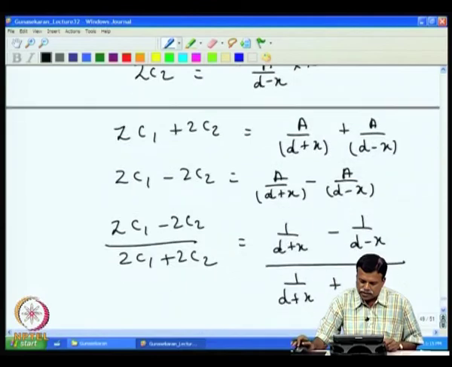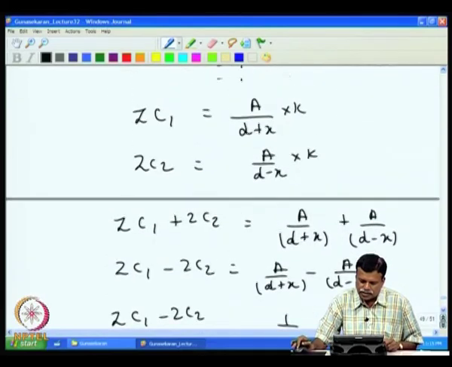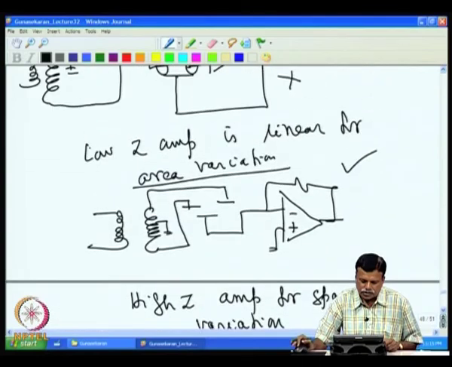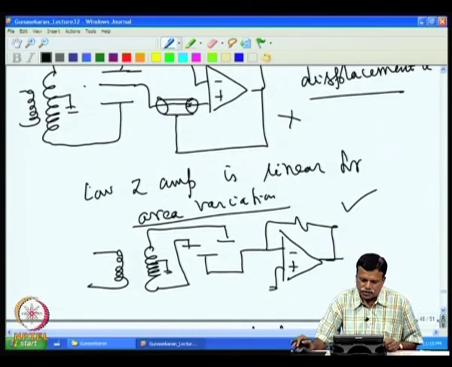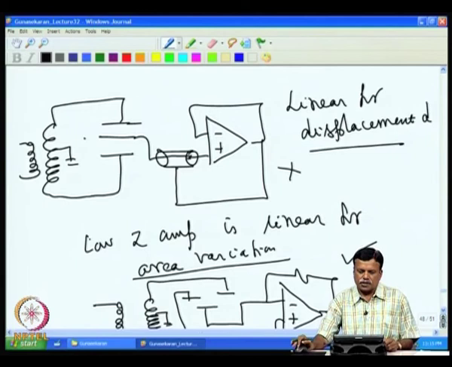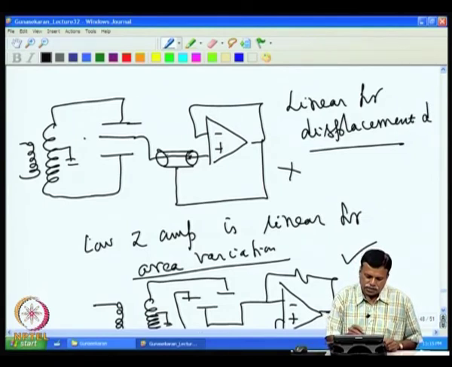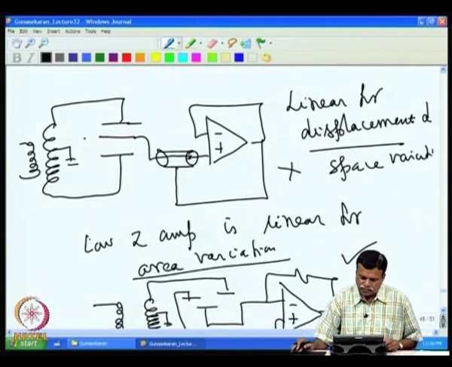So this is anyway linear. I had taken the IZ amplifier for linear displacement d, this is for space variation, and this is for area variation.